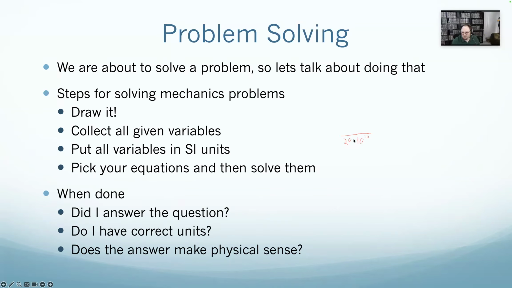And almost every single person in the class instead divided by 20 and then multiplied by 10 to the 10th, which meant they were all off by a factor of 10 to the 20th. And they got that the steel ball being pulled on by a person got 10 to the 20th meters long. And no one thought that it didn't make sense. Make sure the answer makes some semblance of sense.